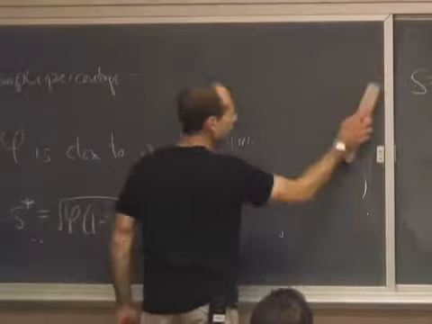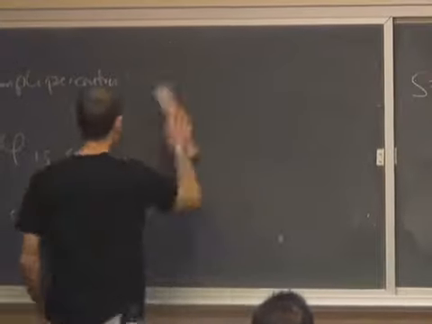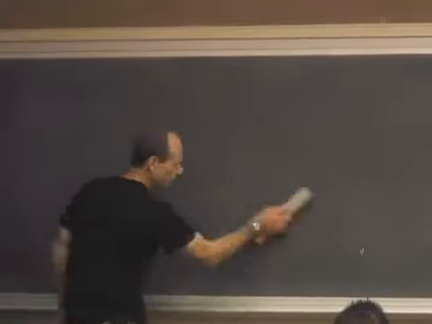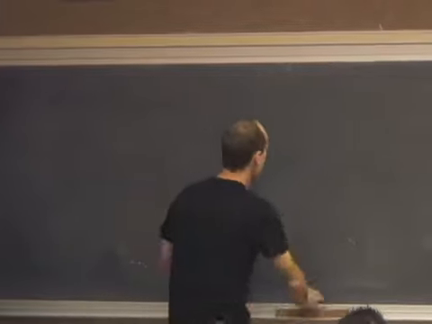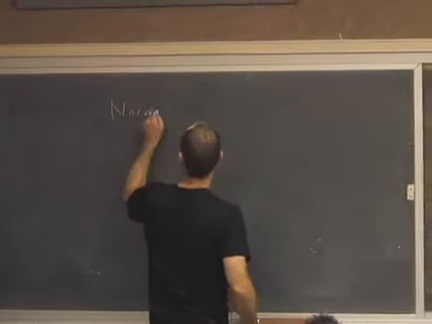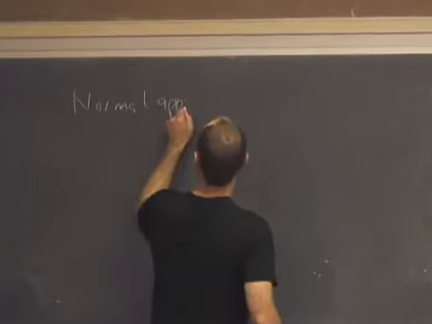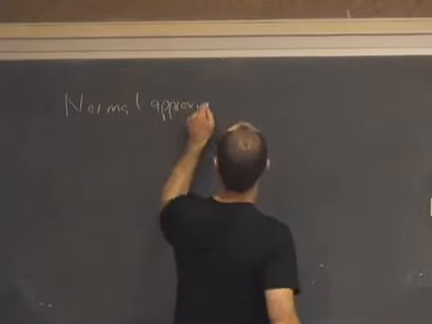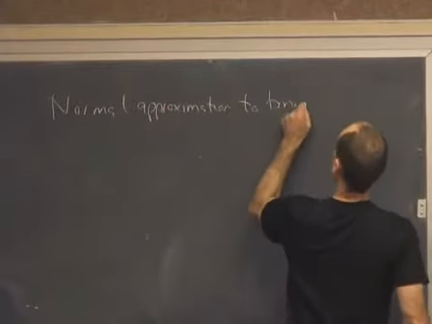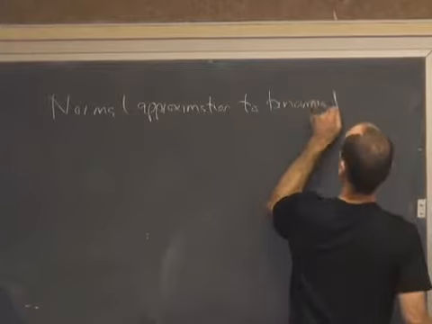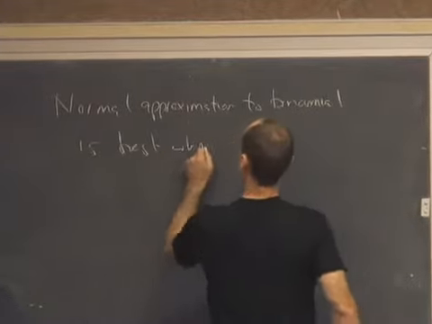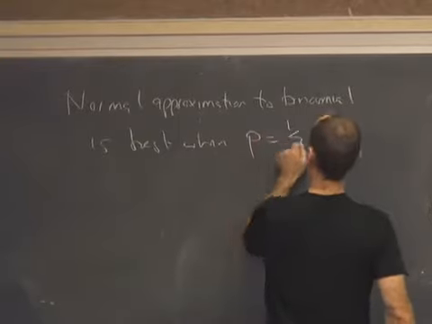Okay, there's a couple things going on. This doesn't have anything to do with normal, but what you're saying is right. So let me see if I can just repeat the ideas. So the following is true. The normal approximation to the binomial is best when p is equal to a half.